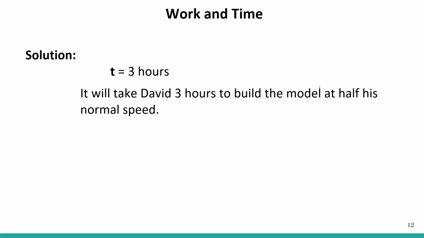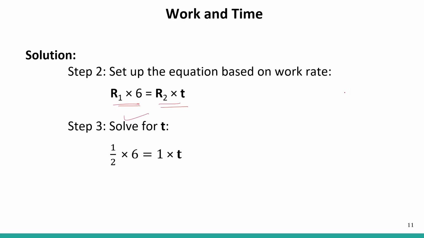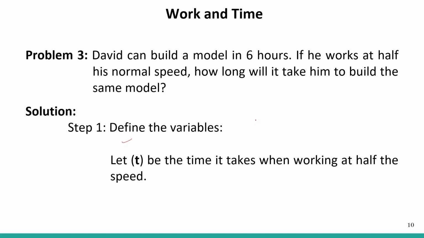Not half, it will be at twice his normal speed. Because he can build a model in 6 hours, if he works at twice his normal speed, then it will take him 3 hours to complete the model.